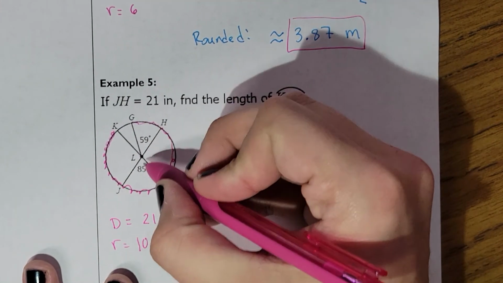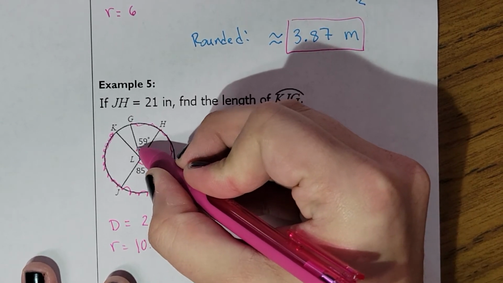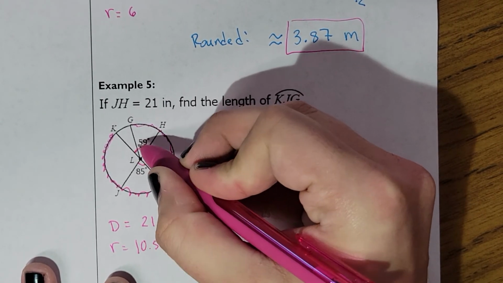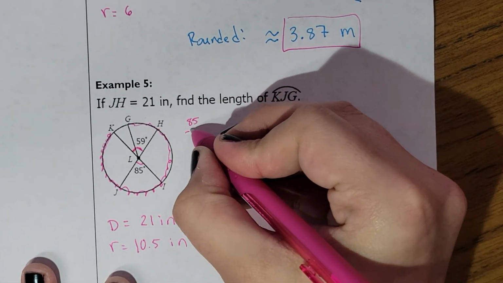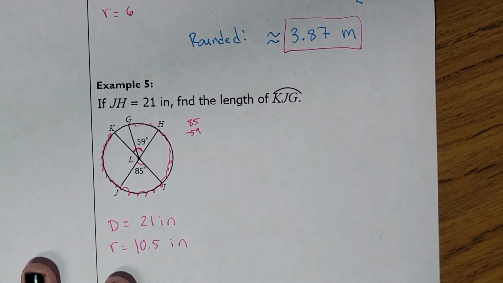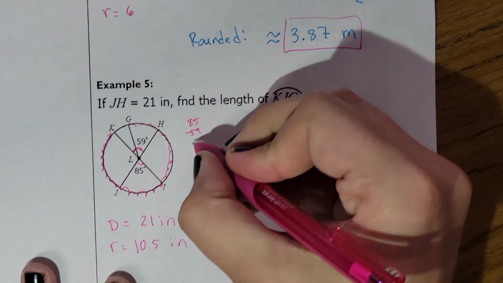Don't make that too much work. And that's easy, look. This is vertical to these two angles put together, so those two equal 85. So really all I'm going to have to do is 85 minus 59. And when I do that, I get 26.